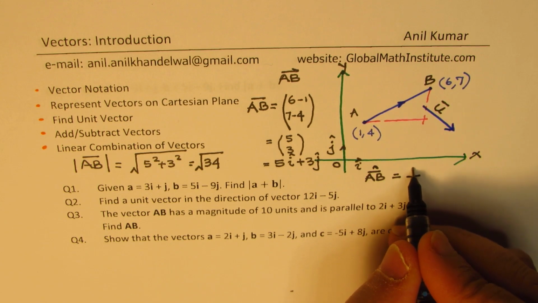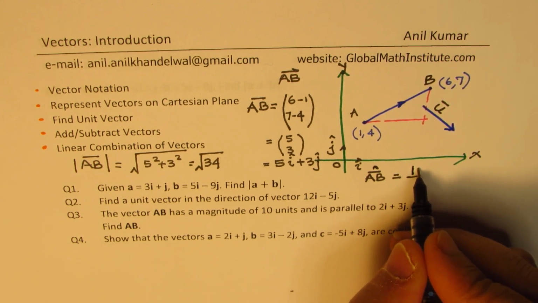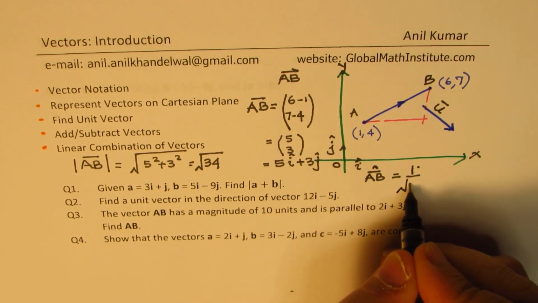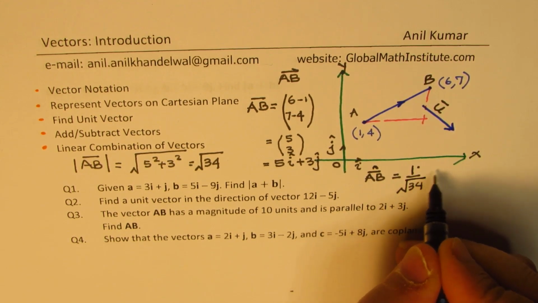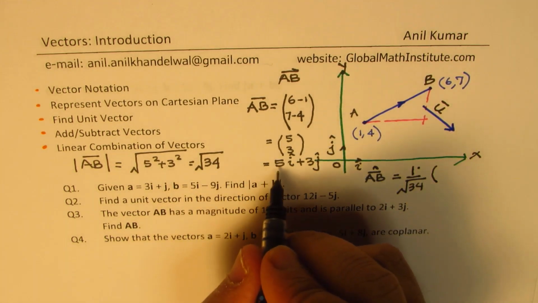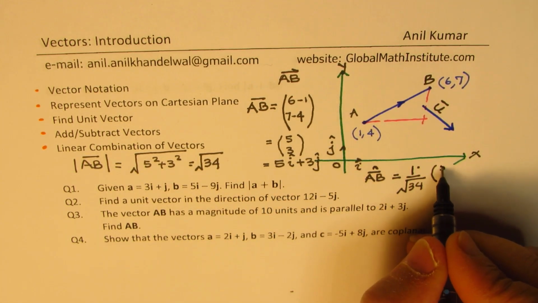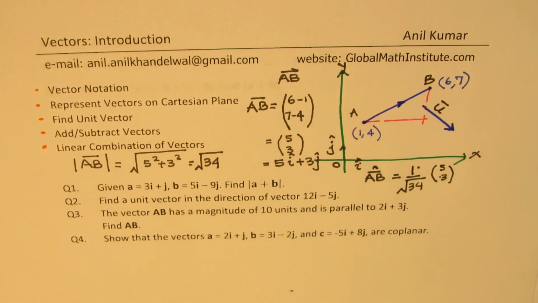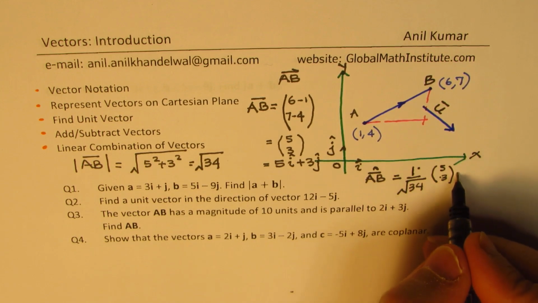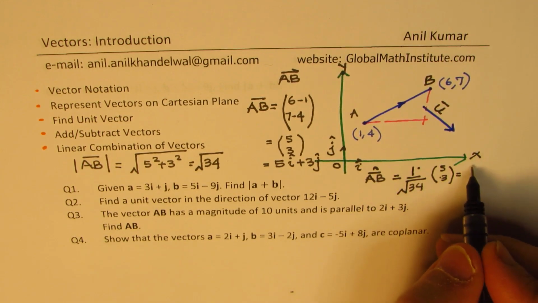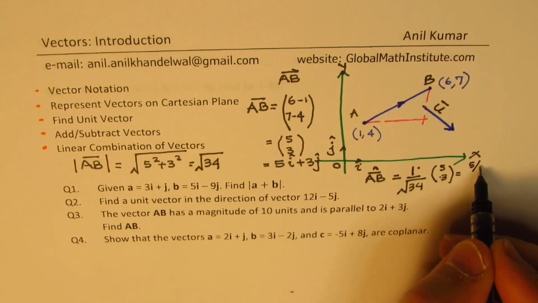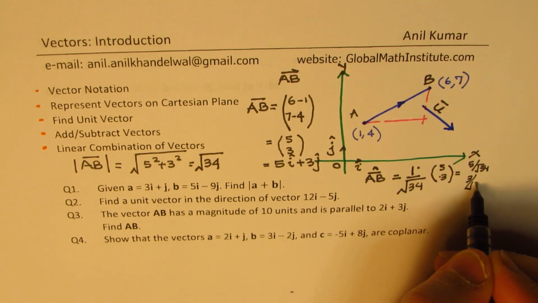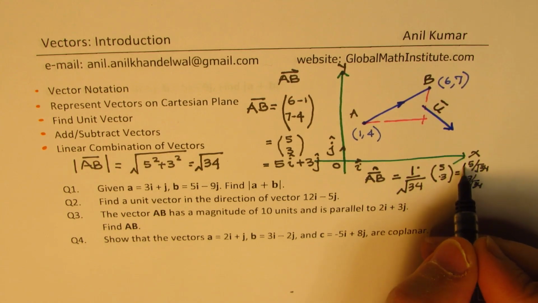So you can say the magnitude of vector AB will come in the denominator, right? So we'll just divide it by square root of 34, and the vector here was 5i plus 3j, right? So you could also write like this, 5 and 3. That's a short way of writing in the form of a column, correct? So the unit vector here, you could rationalize this also, but at present we'll just write it with square root 34, right? So that could be the unit vector AB, right?